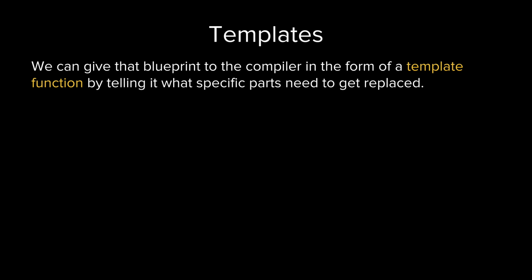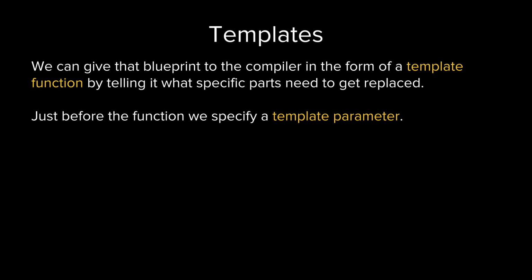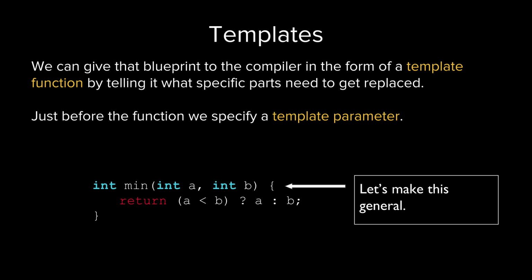So the idea with templates in C++ is we're going to give the compiler this template function and tell it what specific types should be general and should be replaced when we use it in a specific way. So the way this looks is, let's say we have our minimum function, again, on ints. What we're going to do is make this a general template function.